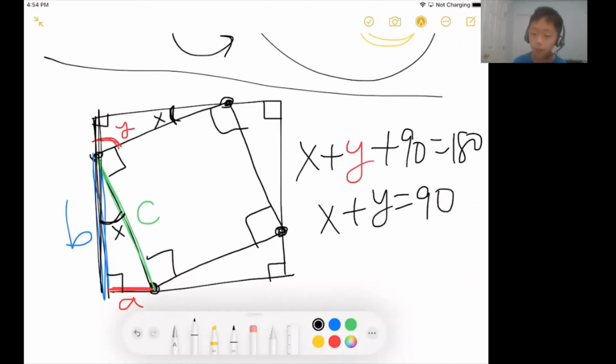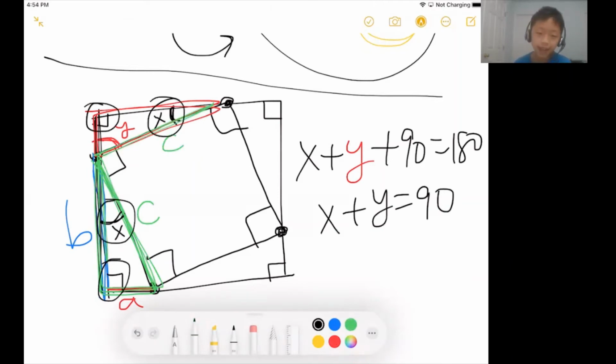And the reason that's helpful is because if you look at these two triangles, this red triangle and this green triangle here, we notice they're congruent by HL congruence because they both share a right angle, they both have this hypotenuse of length C, and they both share this angle X. Or actually, you can think of this as AAS congruence, since we have two angles and one side.